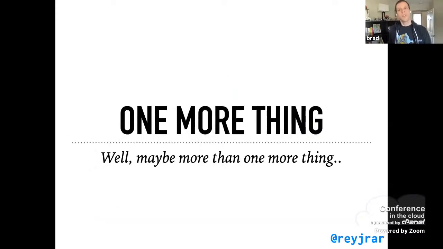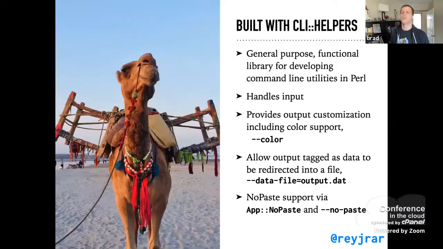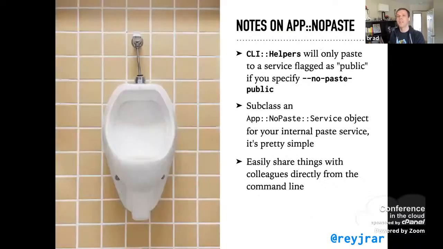One more thing, or more, I'm not sure. This is built with CLI helpers. It's a library for developing command line utilities. It will auto detect whether or not you have colors enabled and enable color output, which you've seen in my screens. It provides the --data-file, which when data is tagged in an output with data, it will output it to that data file, and it supports App::Nopaste.